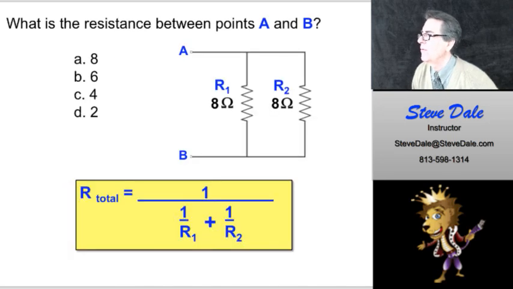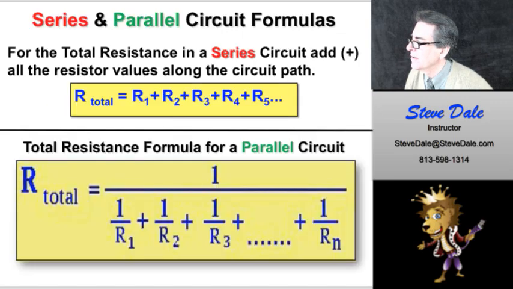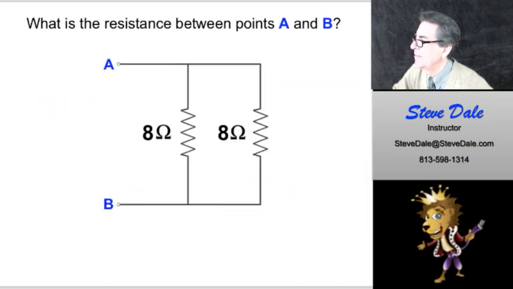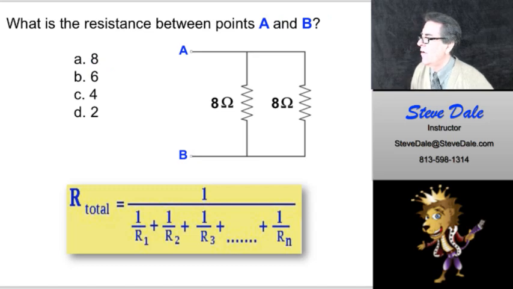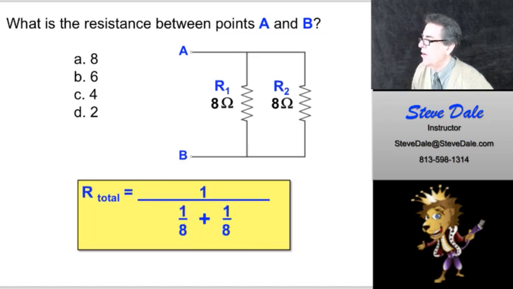And this is the one that has been on the exam before. You can do it by the actual formula here at the bottom, where it's R total. Let me take you back there. Here it is: R total equals 1 over 1/R1 plus all that. So if you take that out, it's 1 over 1/8 plus 1/8.